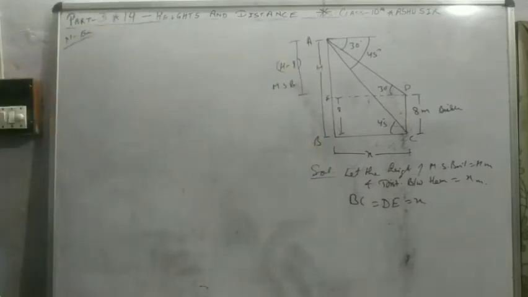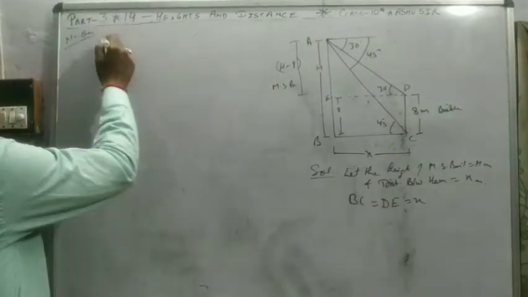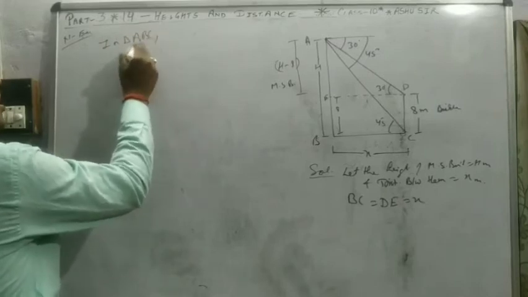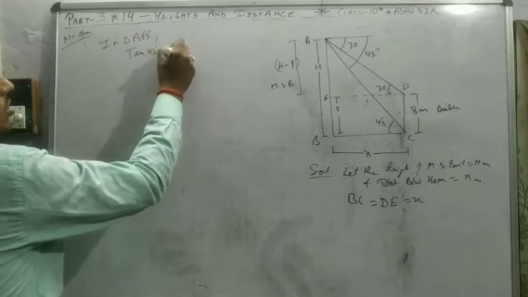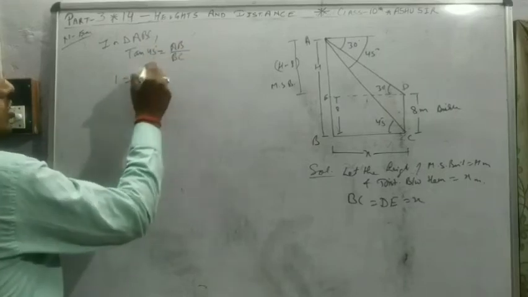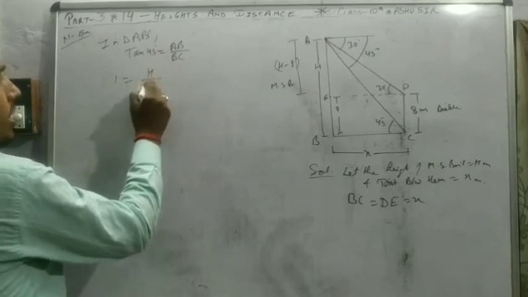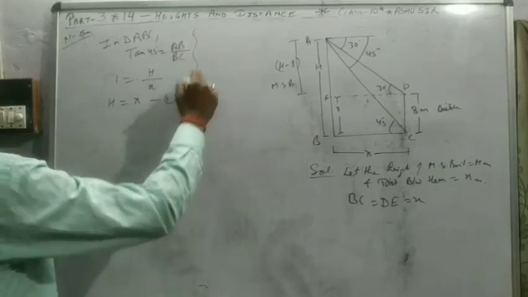First we take the big triangle, at your choice. In triangle ABC, the main motive is to combine both triangles. Perpendicular upon base is 1, AB is h and BC is h. So h equal to x, equation first.